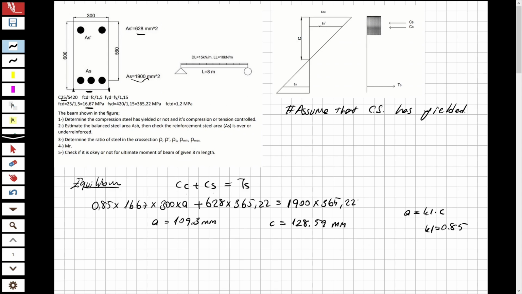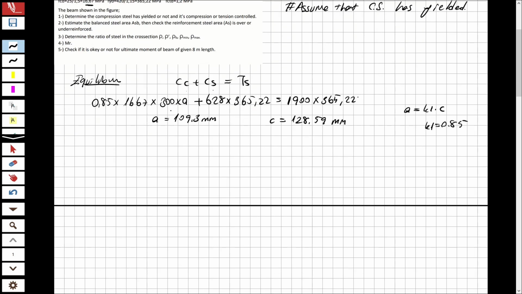Now we obtained the neutral axis, so let's determine whether the compression steel has yielded or not. I'm going to take epsilon s prime divided by this length, and epsilon cu divided by this length. So epsilon s prime over c minus d prime, where d prime is the rust cover: 128.59 minus 40, equal to 0.003 over 128.59.